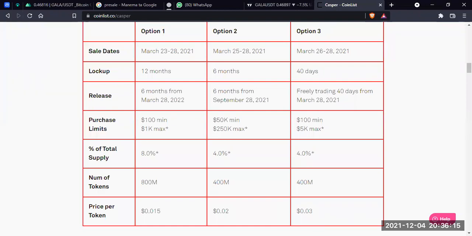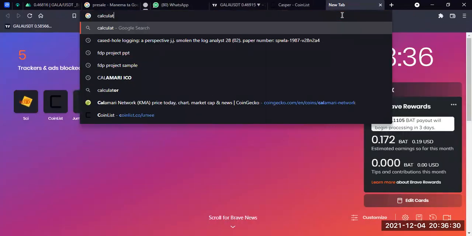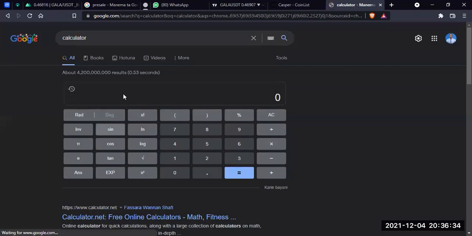I'm seeing the Casper table. Can you see the calculator now? No, I'm not seeing the calculator. Okay, let me see if I can bring up the calculator. Are you seeing something now? I can see the calculator now.